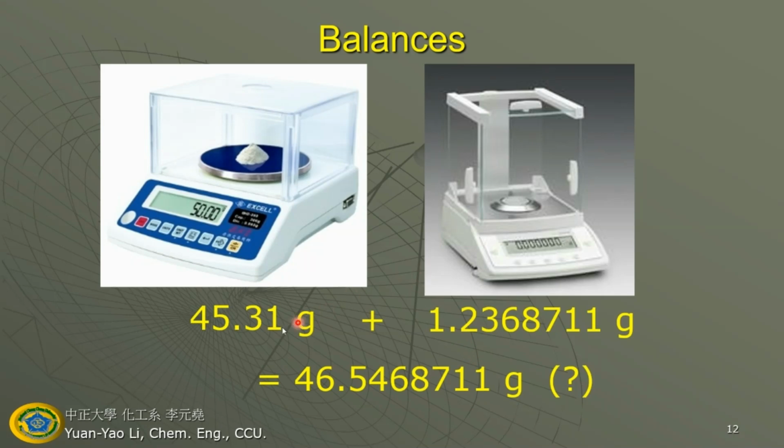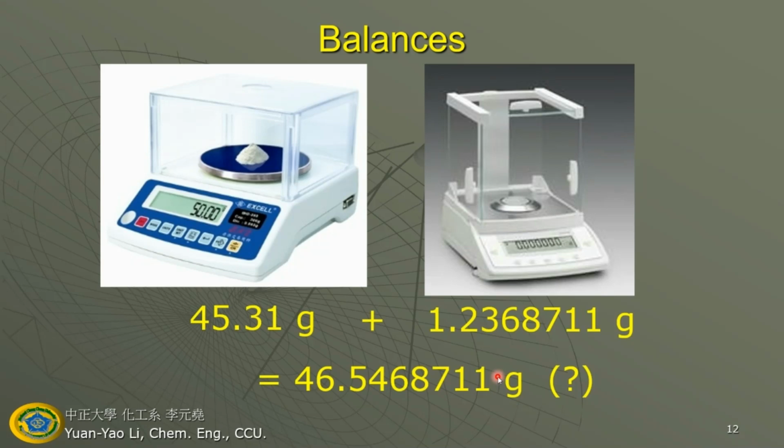Why? Because I told you 45.31 could be 45.304 or 45.305 or 45.314. It could be like this. So you don't know the number behind the 1 here. So if you do the addition like this, obviously this is not the correct number you should show.